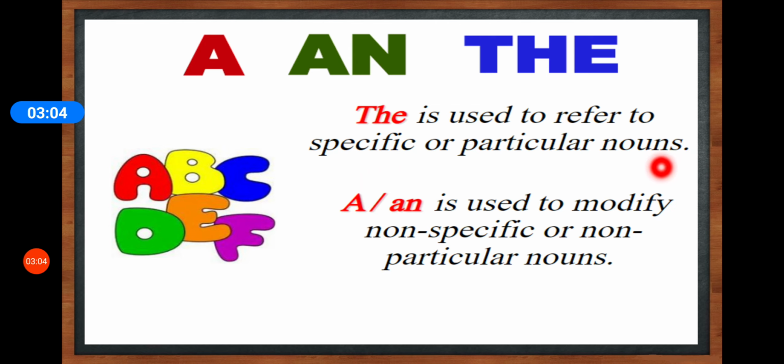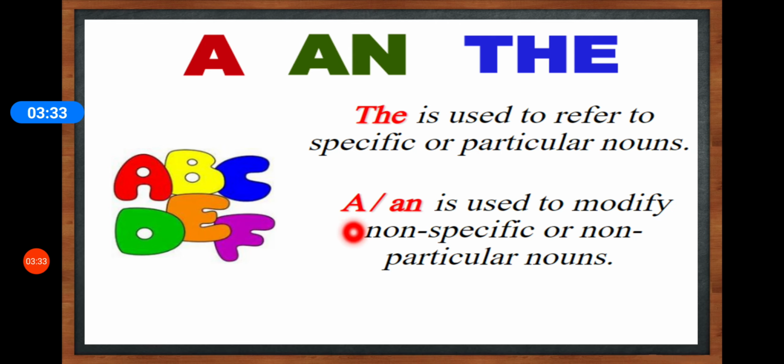When we know that we are talking about a specific thing or a particular thing, we use the definite article the, because we are talking about something fixed or definite or specific. So it is known as the definite article. Right, children?